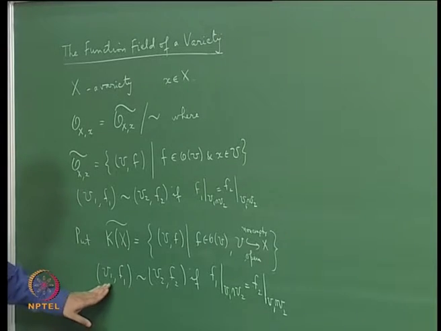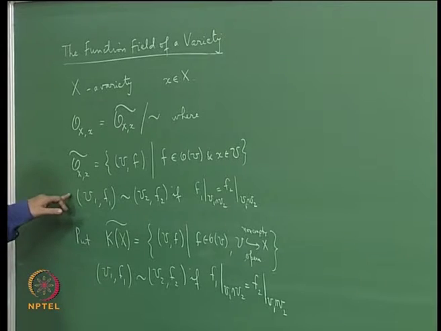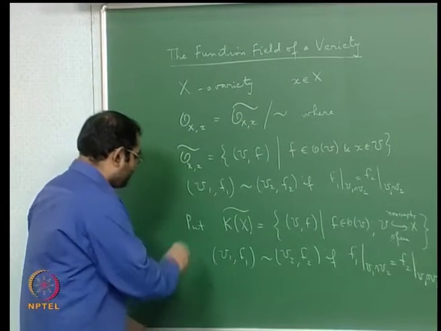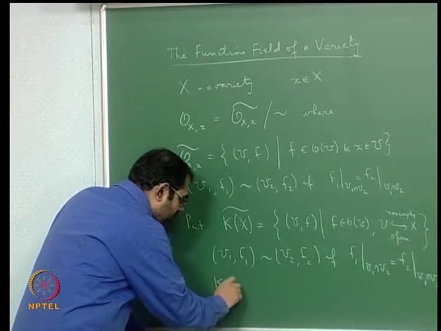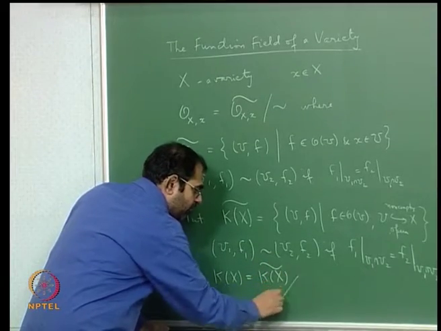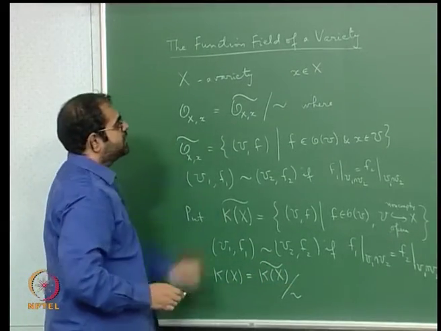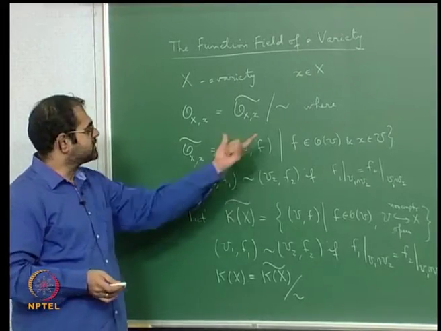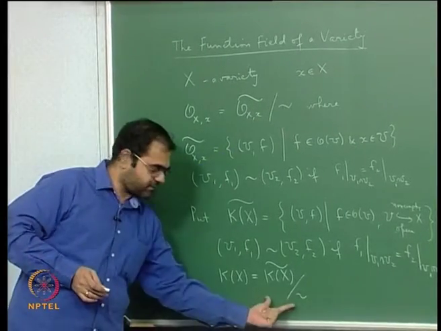This equivalence is the same as the equivalence here, only you are not focusing attention at a point. Then you put K_X to be K_X tilde mod the equivalence, by which I mean equivalence classes. So this is a set of equivalence classes, and this is also a set of equivalence classes.